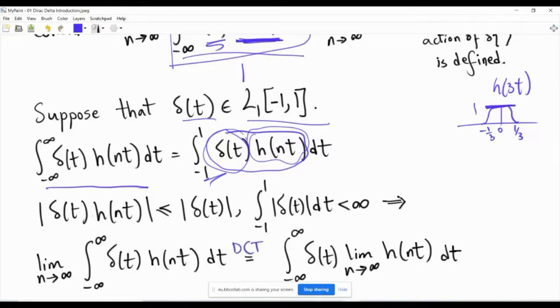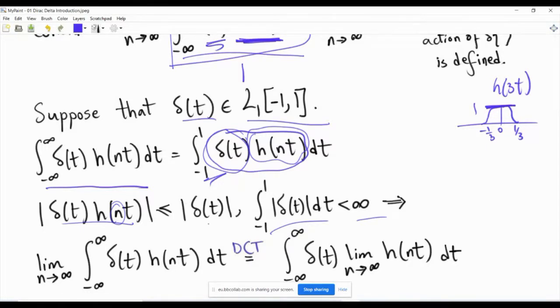And so we can have an upper bound that does not depend on n, and this upper bound is integrable if delta of t is like this. However, if this is true, and there is a delta t that belongs to the absolutely integrable functions from -1 to 1, then the dominated convergence theorem is applicable, right?